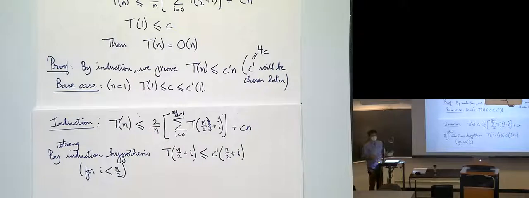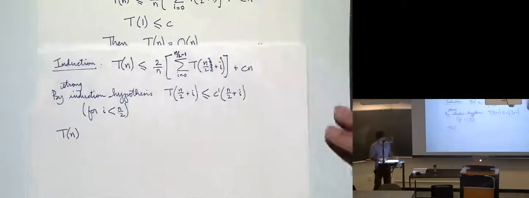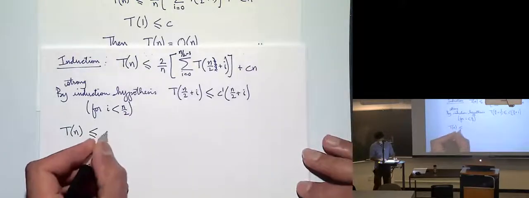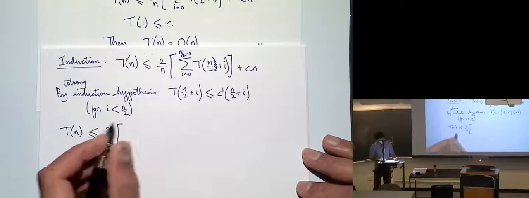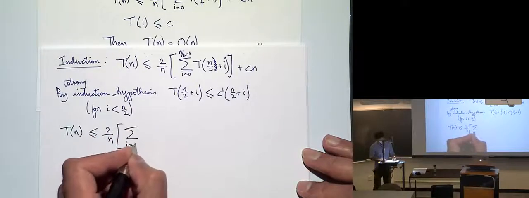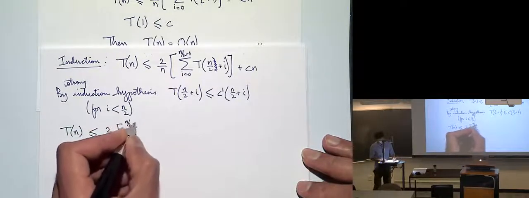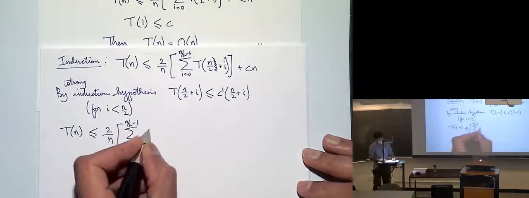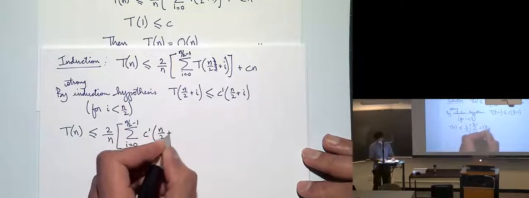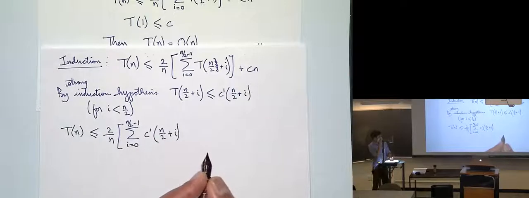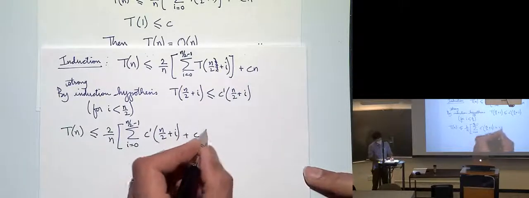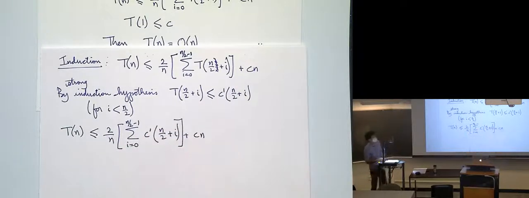So far so good? So now let's just plug and play. Let's do our usual. So T(n) is at most 2/n, summation i going from 0 to n/2 minus 1 of c' times (n/2 + i), plus c·n.